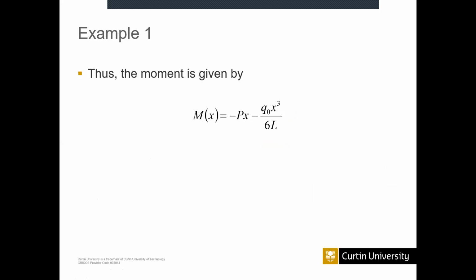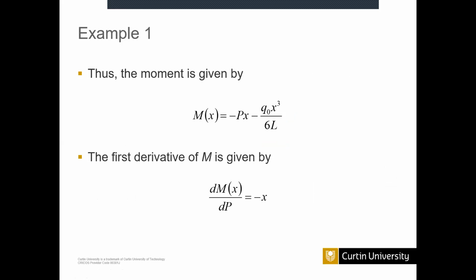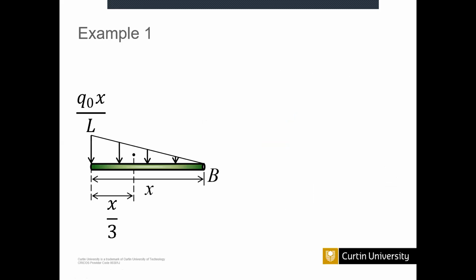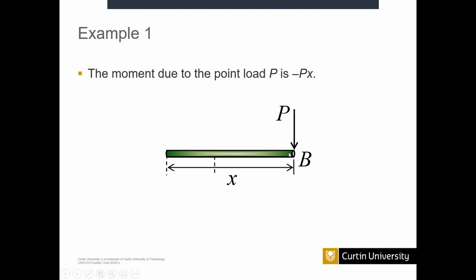Okay. Thank you. Then, as I told you, you find the total bending moment at the selected point, then the first derivative. But you need to think about this point load here. We need the deflection at this point. So you need to consider this point load.